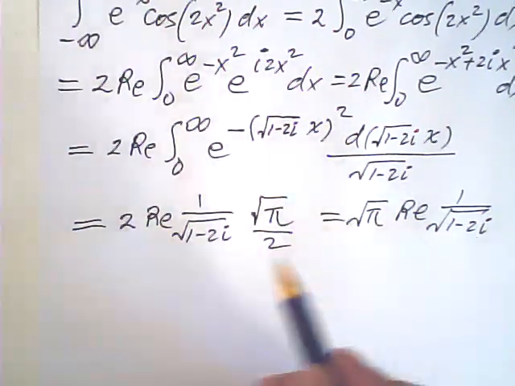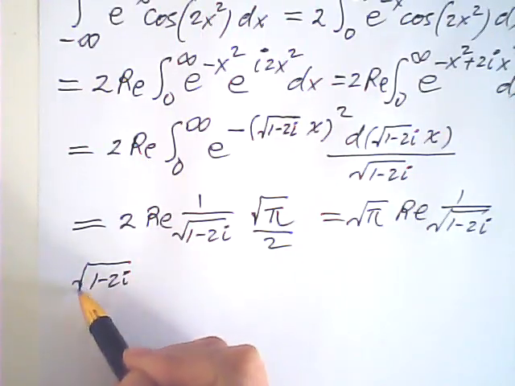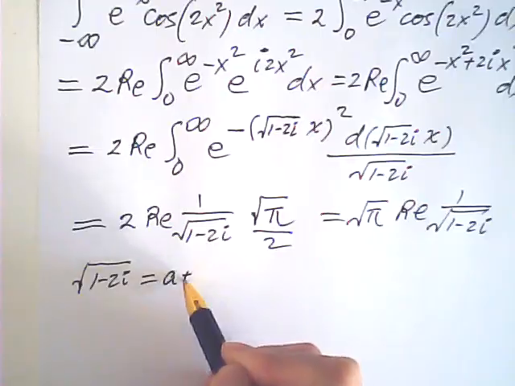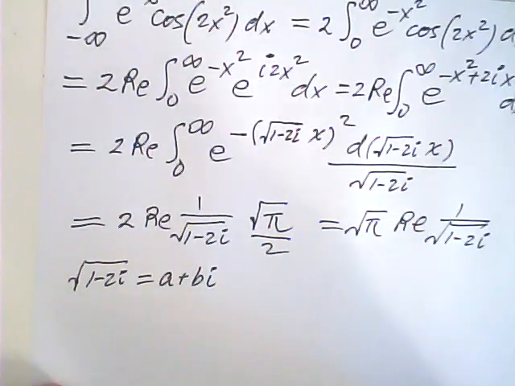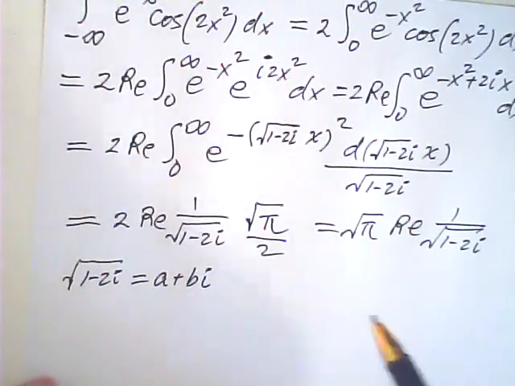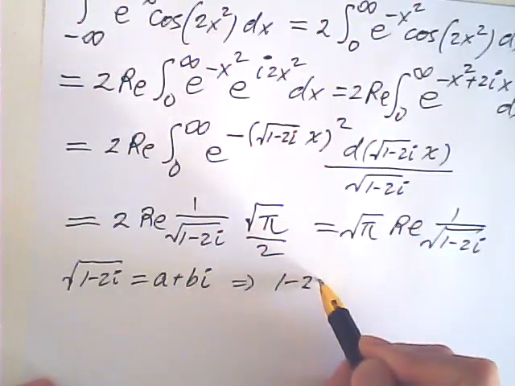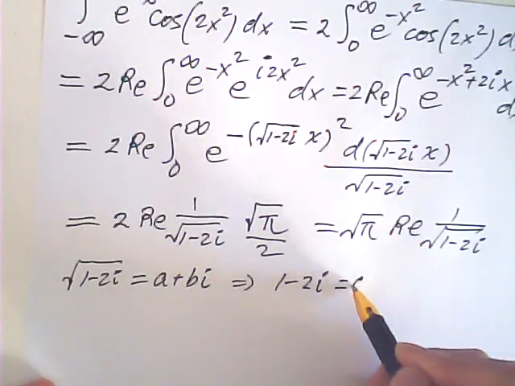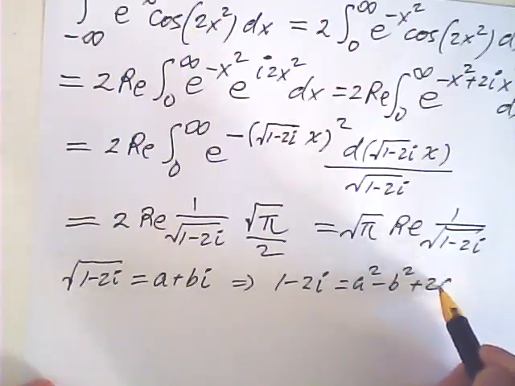First, I discuss this 1 minus 2i as a complex number a plus bi, where a and b are real numbers. Then square both sides. So 1 minus 2i is equal to a squared minus b squared plus 2abi.